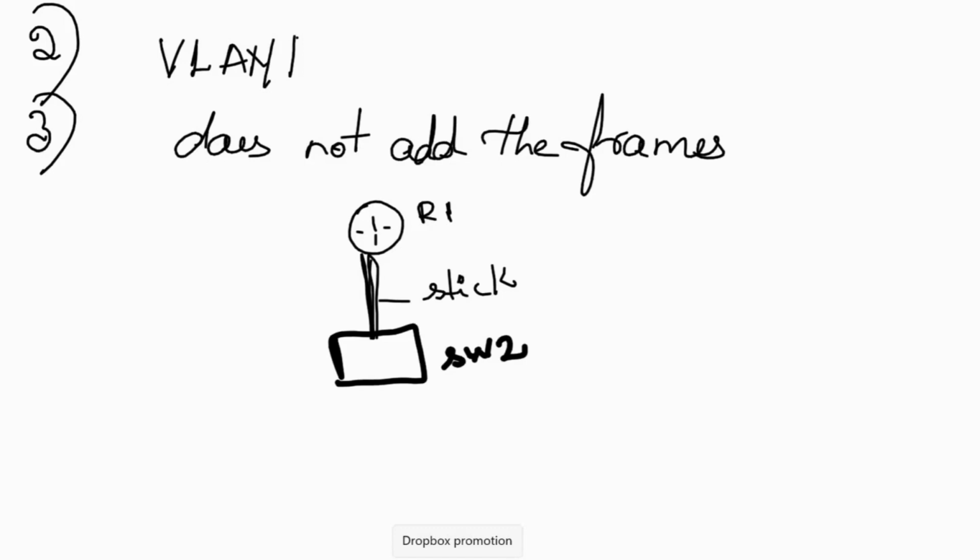The router will tag the frames and send them out of each sub-interface with the VLAN tag, as configured on the sub-interfaces. Not only the physical interface, but the virtual interfaces can also send packets through. That is the router on a stick.